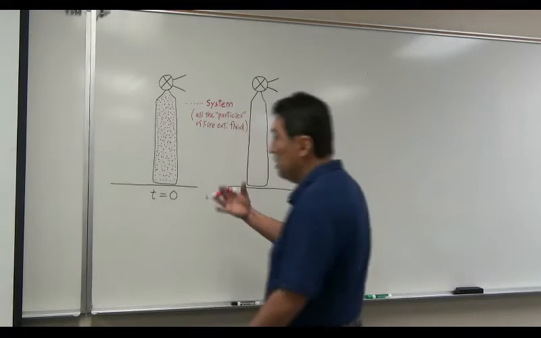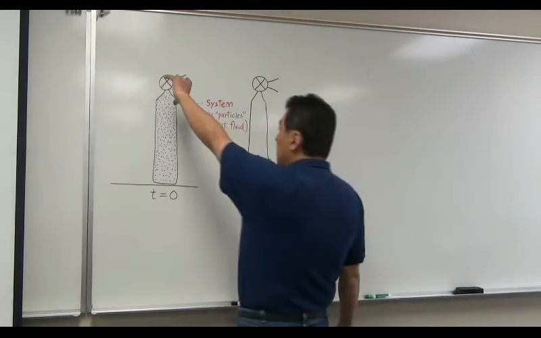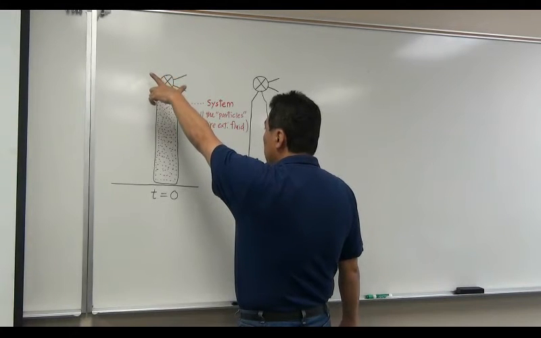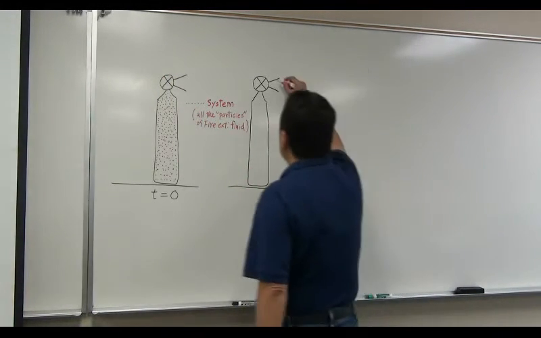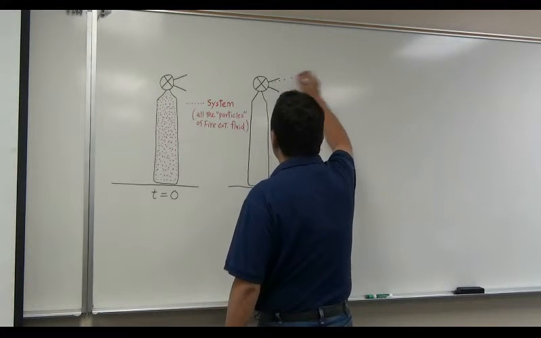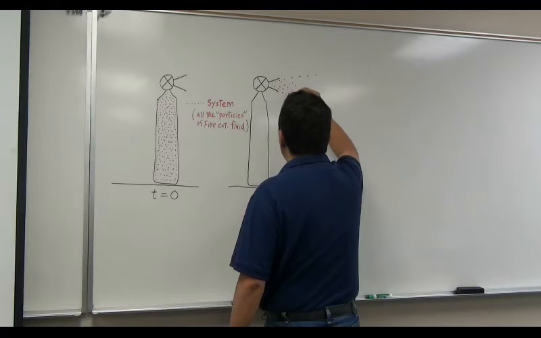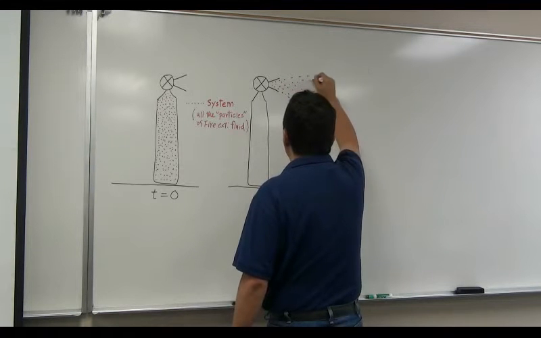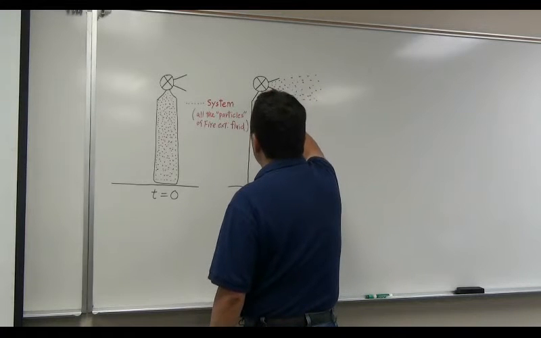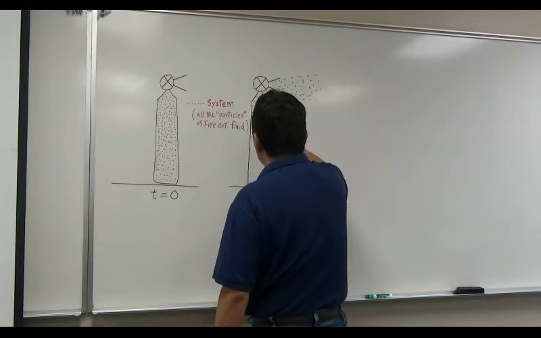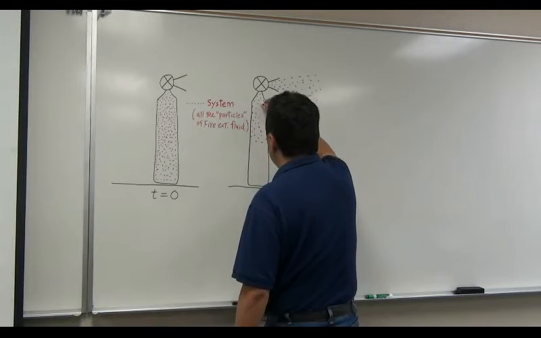So the system approach is you're going to keep track of the property of each particle. That's the Lagrangian. So what happens? Right at time equal to 0, you open the valve and let those particles move out. So particles start shooting out as soon as you open the valve, just like that. And I bet lots of particles still remain inside, right after you open the valve.